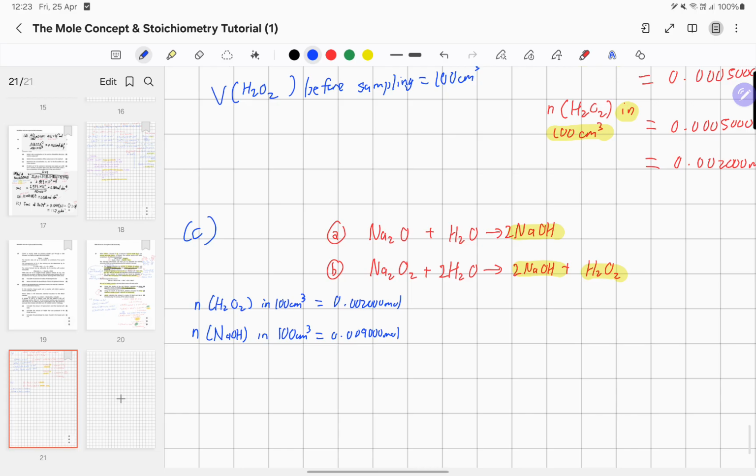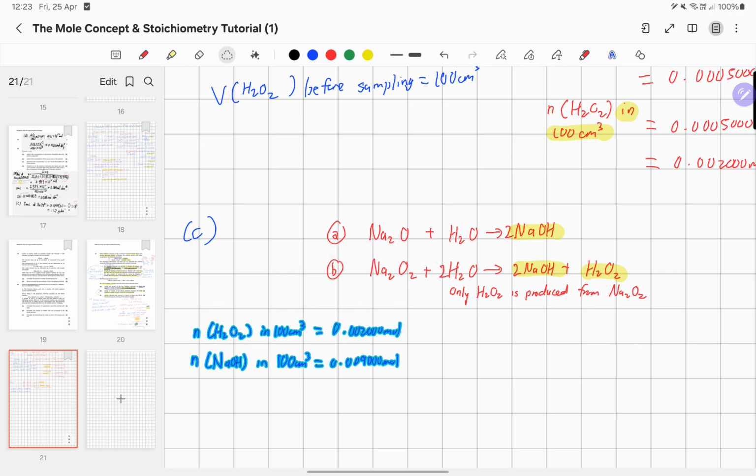Okay, so once I know the number of moles, because only H2O2 is produced from Na2O2, that's why I can find out directly the number of moles of Na2O2 produced, which is 0.002 moles.